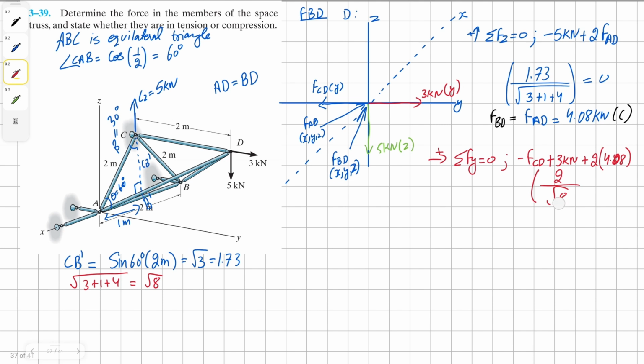And it can further be simplified into 2 root 2, all equals 0. Solving for force CD, we get our solution as 8.770 kilonewton. And since our solution is positive, this means our assumed vector direction is correct, and this tells us this member is in tension.